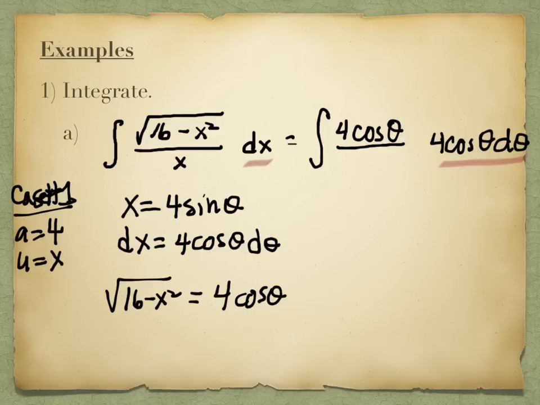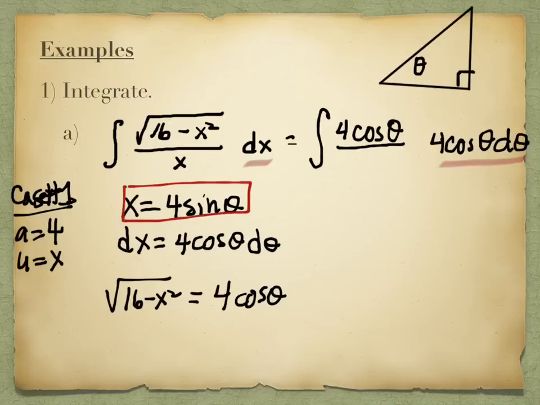Okay, so here's where I tend to think in terms of triangles, okay? So I'm going to draw my triangle. I have to replace my x, and I don't want to replace it with inverse anythings or anything like that. That's not the goal. So in terms of this triangle, here's theta. This right here is my relationship that I've got set up.